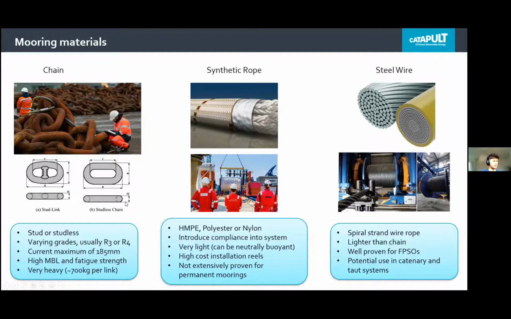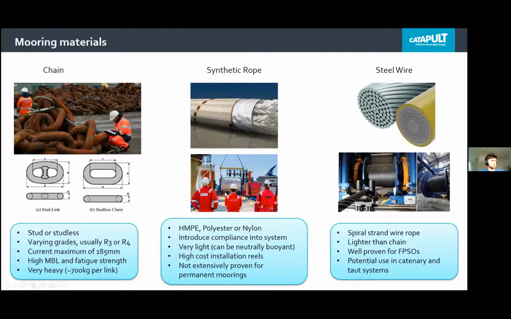These come in varying grades from R3 and R4 up to even R5, and there's talk of some R6 in the works. The current maximum capabilities of this is about 185 mil, which I was saying is around 700 kilograms per link. This large weight can be extremely beneficial if we're talking about restoring forces, but it can also be a hindrance for installations.